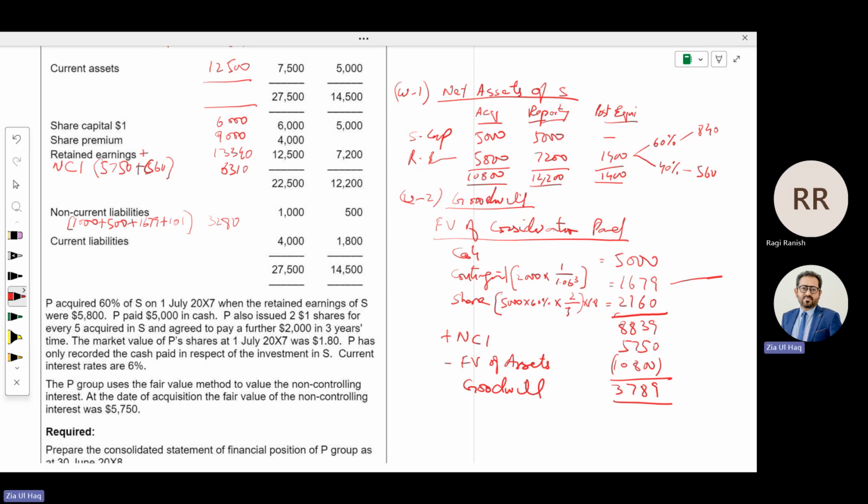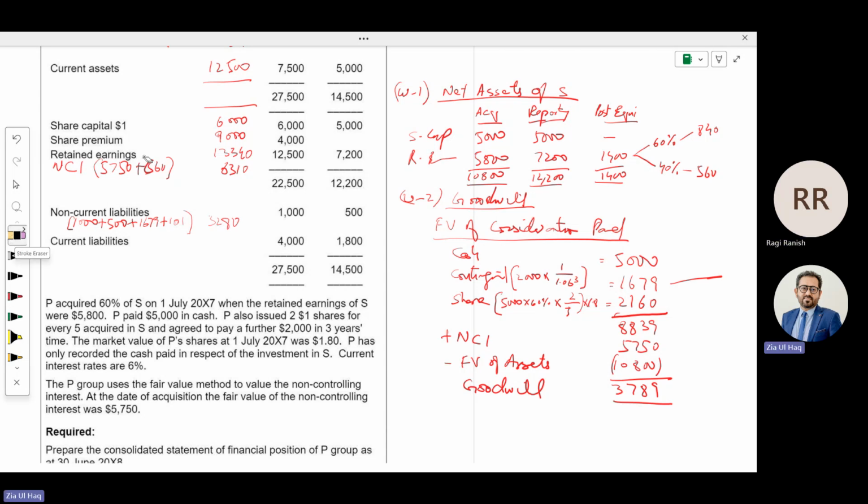That finance cost will have an effect on retained earnings. Whether that will be deducted from retained earnings or added to retained earnings? If it is income, that will be added to retained earnings. If it is expense, that will be deducted from retained earnings.